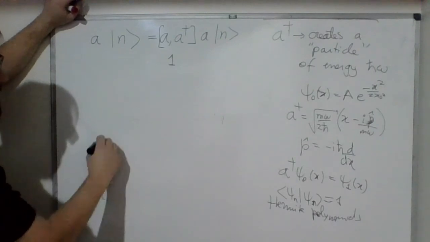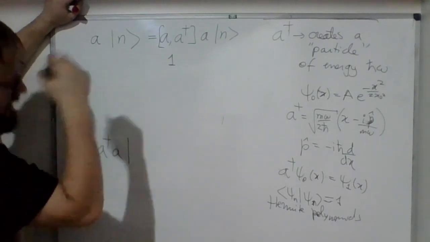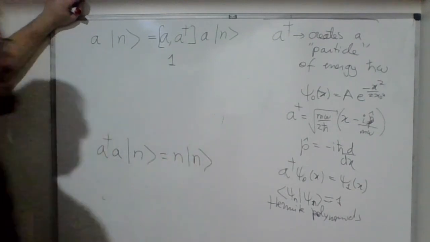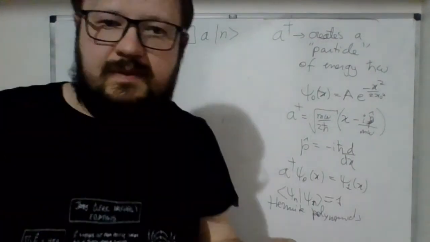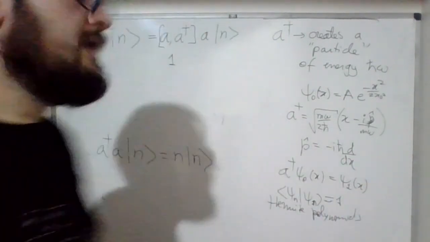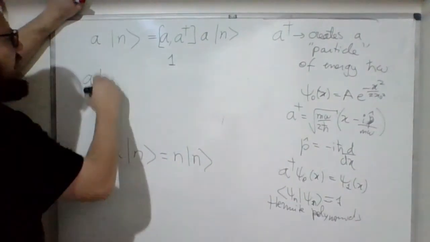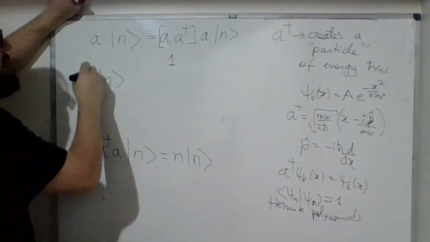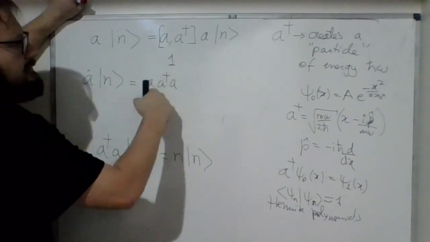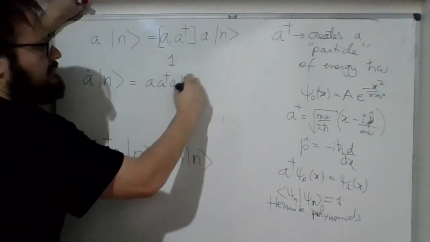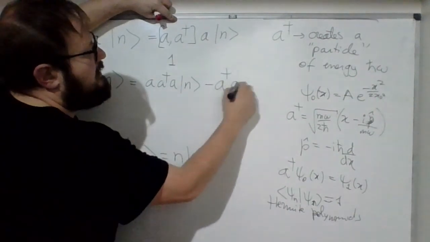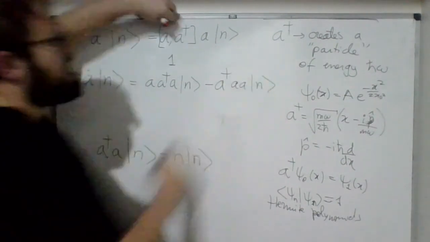But just remember, A dagger A to some level, say n, corresponds to n, and repeat the eigenvector. So these states are eigenstates of number, all right? So let us do the math here. A applied to some n corresponds to A dagger n, A dagger A n, minus A dagger A applied to n.